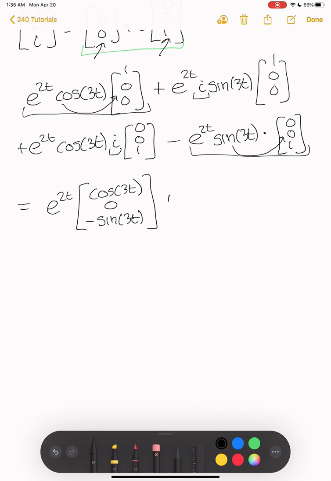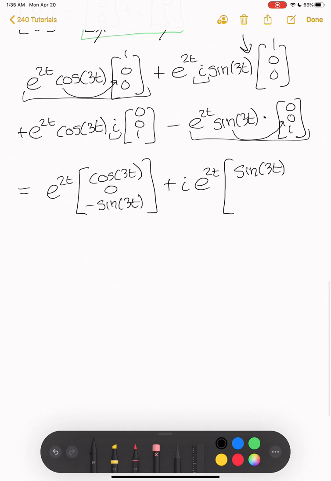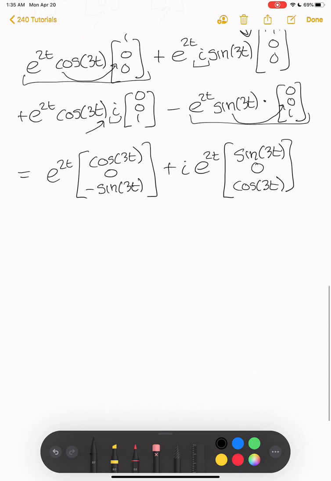And then I add on to that i times e to the 2t, my complex valued solutions. So I have now a sine of 3t up here, which comes from this, and then a cosine of 3t at the bottom that comes from this term. And so this is going to be a little weird, but we've actually found two solutions.